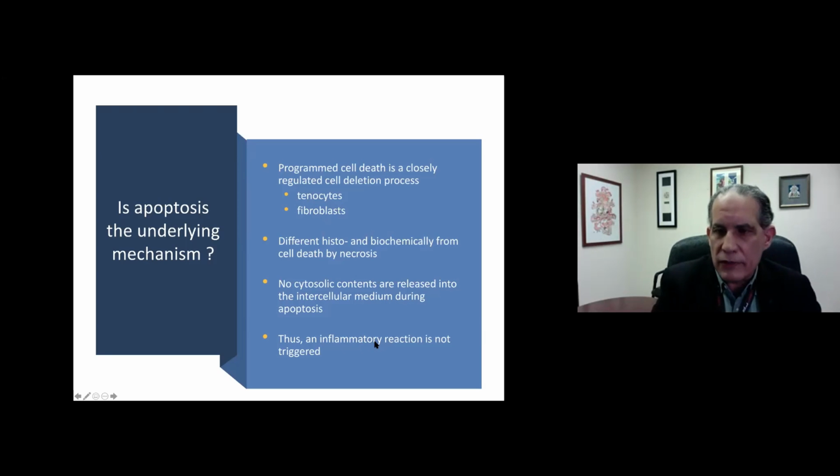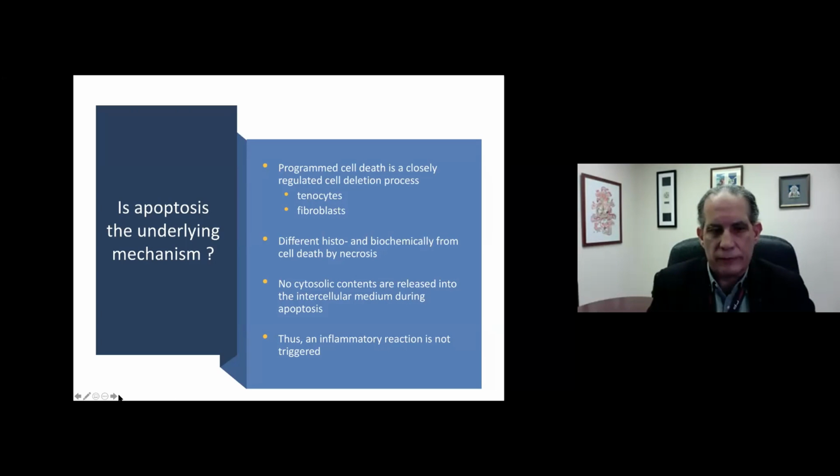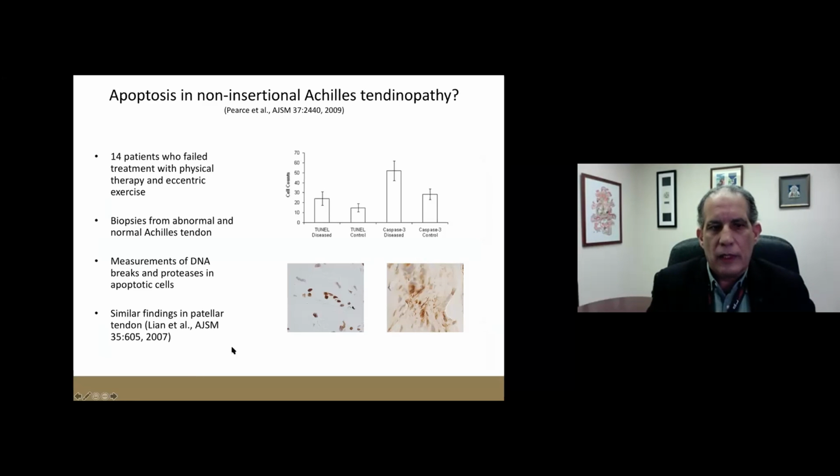Now, remember, this is after the initial phase. So what they are arguing is that we have an initial phase of a typical inflammatory response. If that doesn't work in terms of healing the tissue, then we get into degeneration and apoptosis. Evidence of that is this study that was published a few years ago in the American Journal of Sports Medicine.